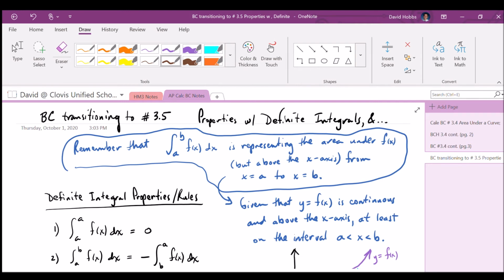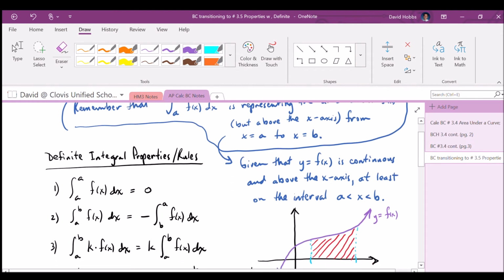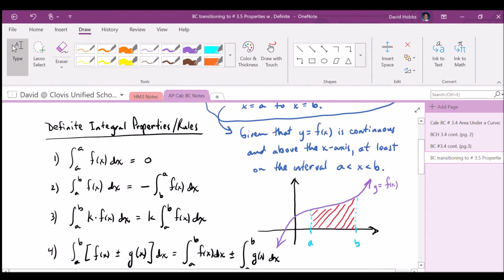So, remember we talked about the fact that the definite integral from a to b of f of x dx is representing area from x equals a to b. Now, it becomes more than just that, but we're going to start with that sort of thing and build from there. And so here's kind of a picture of what's going on. So f of x needs to be continuous and above the x-axis, at least on that interval from a to b.